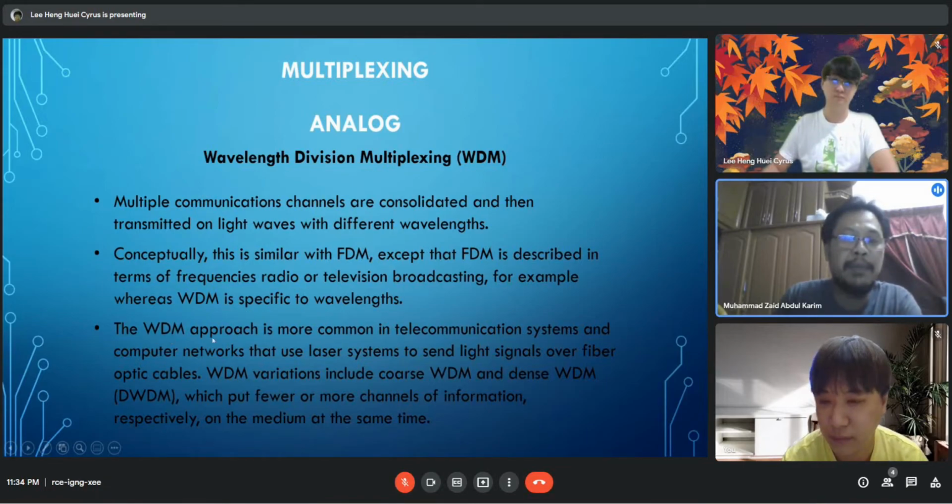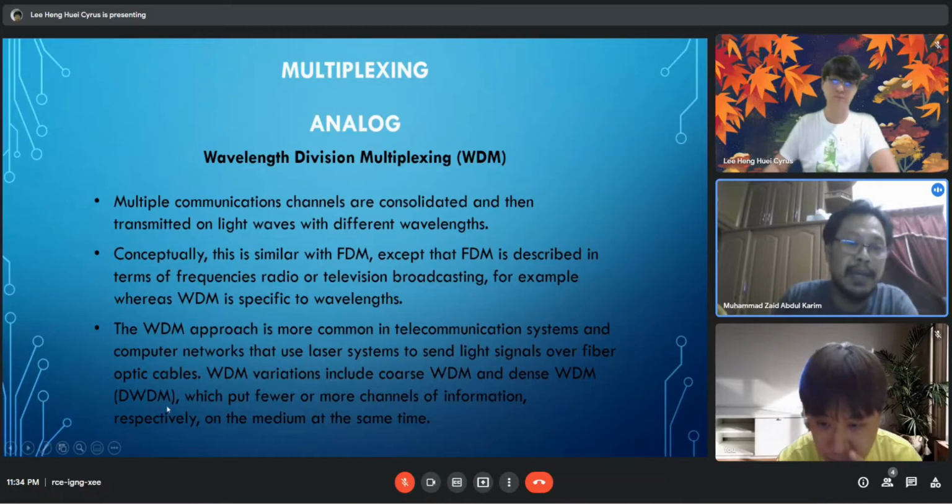The WDM approach is more common in telecommunication systems and computer networks that use laser systems to send light signals over fiber optic cables. WDM variations include coarse WDM, CWDM, and dense WDM, DWDM, which put fewer or more channels of information respectively on the medium at the same time.